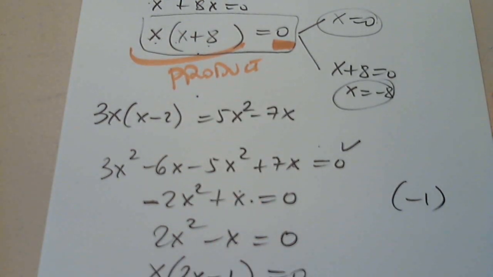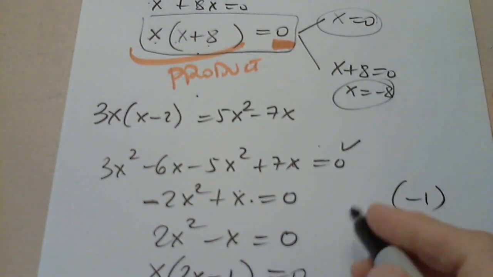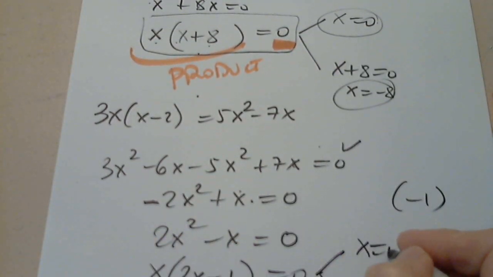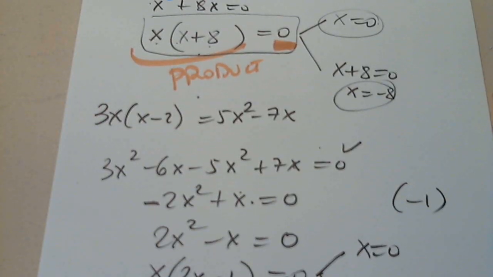It's 2x minus 1. X times 2x is this. X times negative 1 is this. So we have two options. If the first factor is 0, done. If the second factor is 0, then I have 1/2. Is this okay? Please ask any question. Okay. This is identical with the previous one. We distribute and then move terms around.